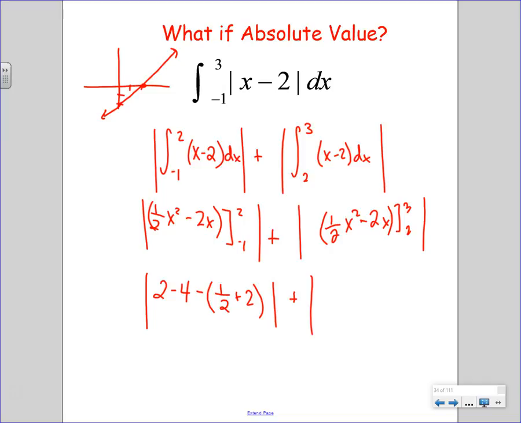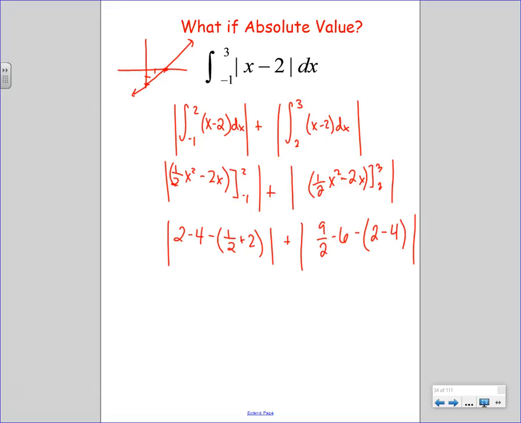Plugging in 3 squared is 9/2, minus 6, minus 4 over 2 is 2, minus 2 times 2 is 4. Twos cancel, right? Yep. -4 minus 1/2 would be a -9/2. Yes. 2 minus 4 is -2, -6 minus -2 plus 2 is -4.